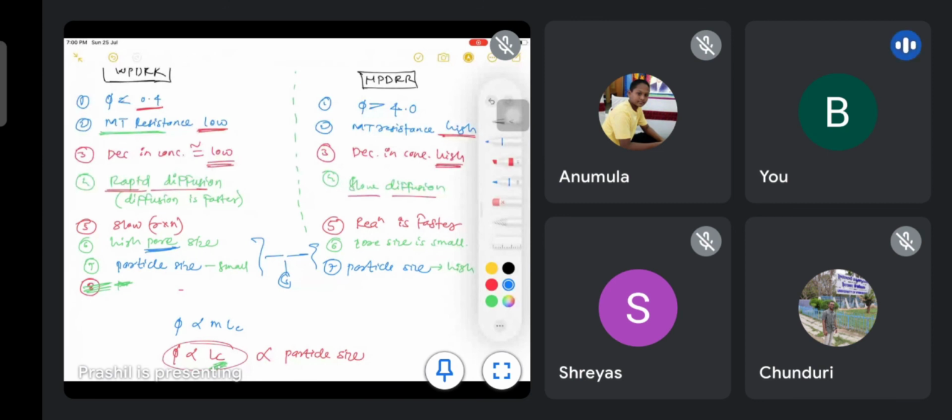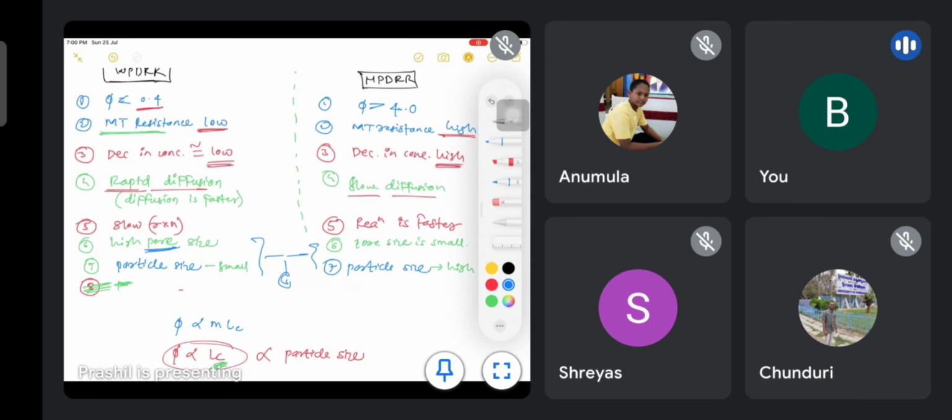Okay, then what remains? So we'll cover the fifth point. Okay, so what we actually did, I told you your K overall is equal to 1 by K reaction plus 1 by K mass transfer, right?